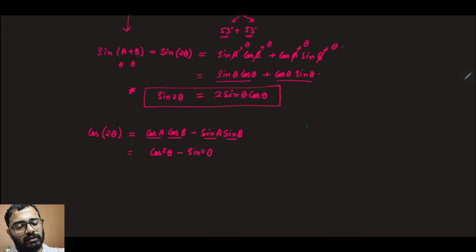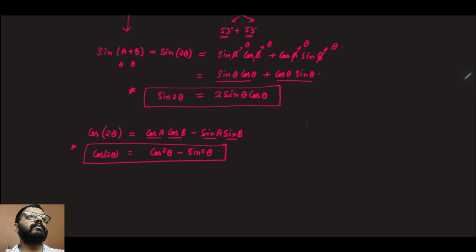So this also you have to remember: cos 2 theta is equal to cos square theta minus sin square theta. This is important, right? Now we have the identity sin square theta plus cos square theta equals 1, and we can use it here also.